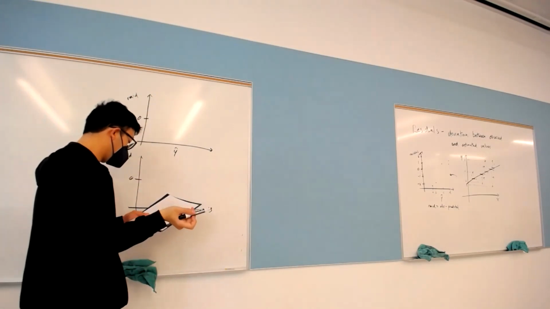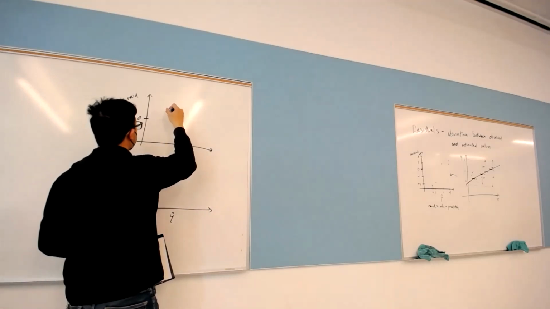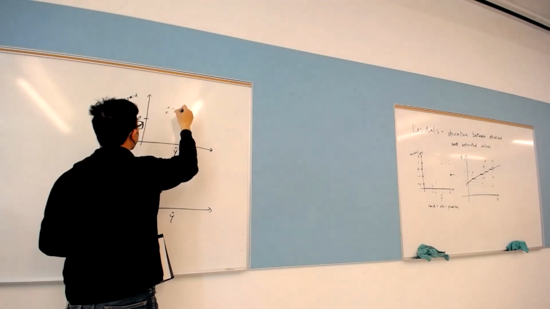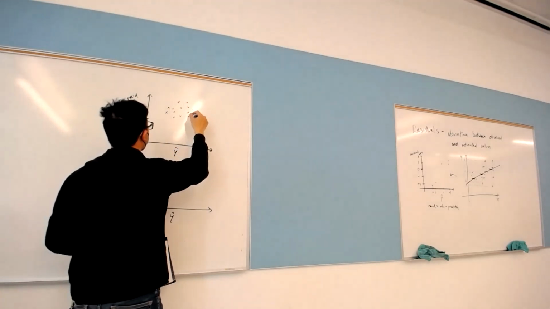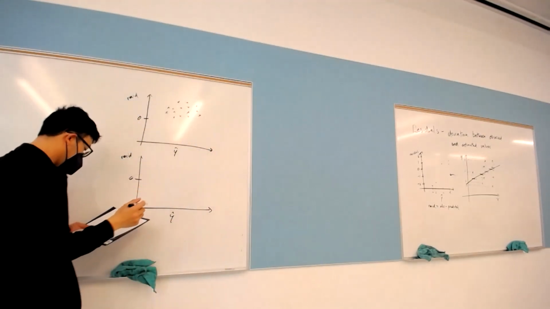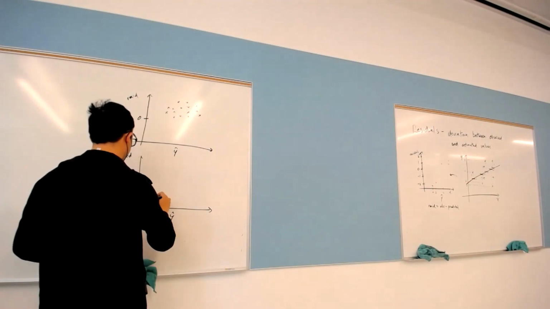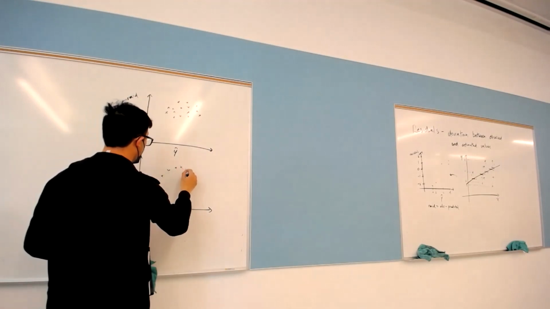Let's think about a plot that might look something like this. And let's think about a plot that might look something like this.